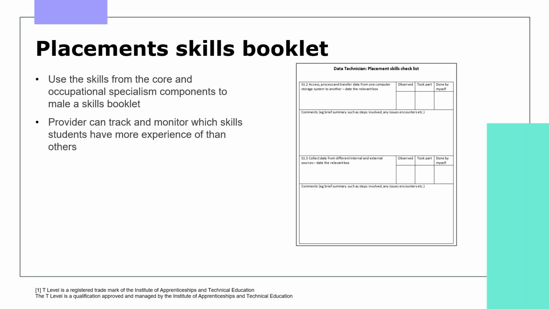Let's say with core skills 4, and you could get students to record when they've identified and recorded potential risks, threats, or vulnerabilities, or even in terms of some of the knowledge content and getting students to identify when they've used evaluation tools, such as marketing analytical tools, like social media analytics, financial analytical tools, any reporting tools or data mining.